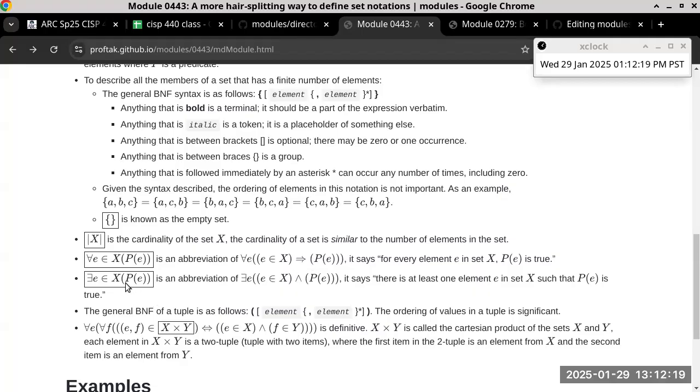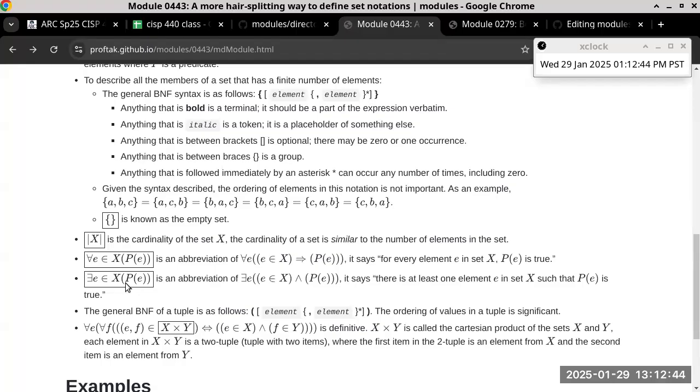The next one is also a notational thing for the existential quantifier. We can say there exists one thing E in X such that P of E is true. Now, there exists means there's at least one, so there can be multiple, but we should be able to find at least one thing in X such that P of E is true, which is what the boxed portion is trying to say.